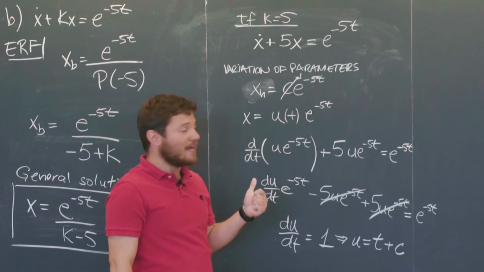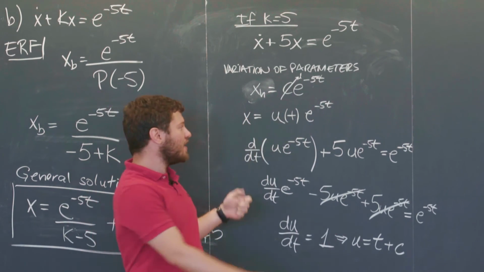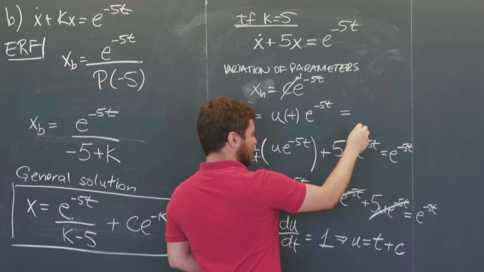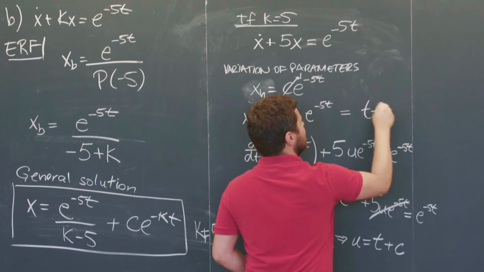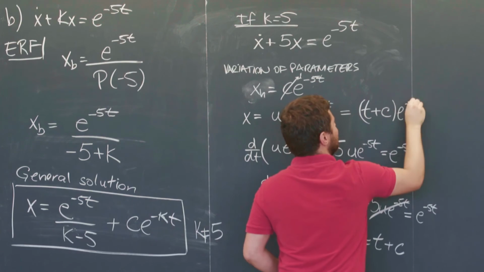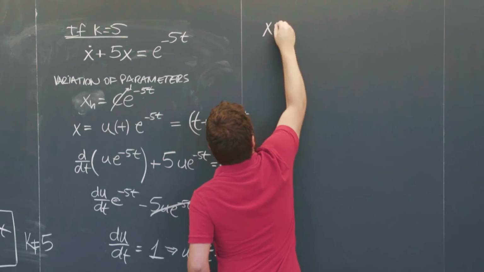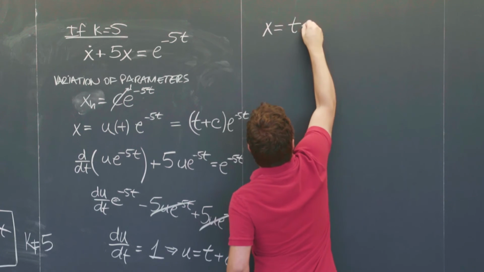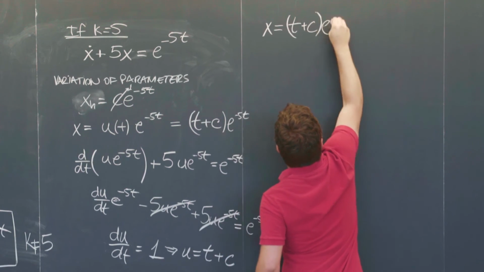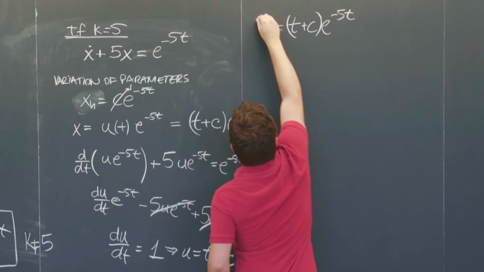Now we plug that back into our expression for x. So x is equal to t plus c, times e to the minus 5t. So let's just rewrite this here. x is equal to (t plus c) e to the minus 5t.